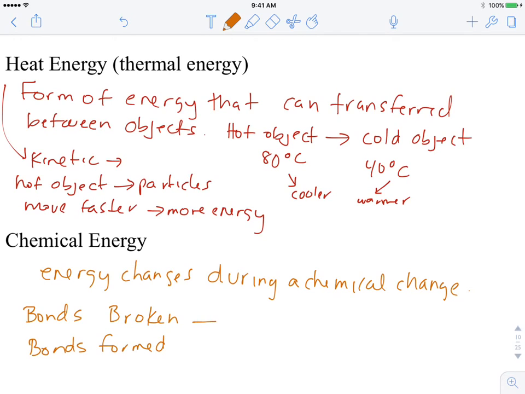When a bond is broken, energy is absorbed. When bonds are formed, energy is released. So in a chemical reaction, you have to see overall, comparing the bonds broken to the bonds formed, is energy released or absorbed overall? We'll talk more about that in a little bit.